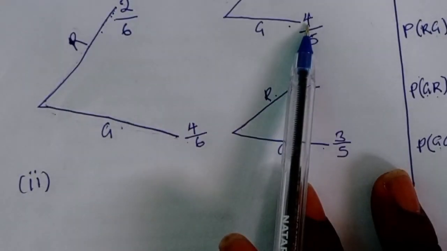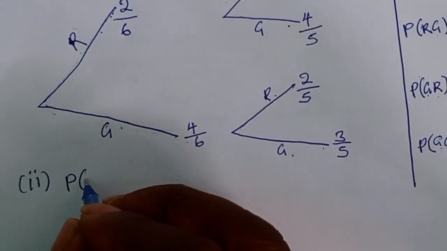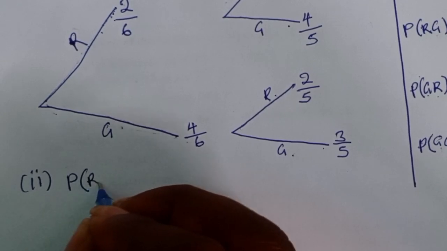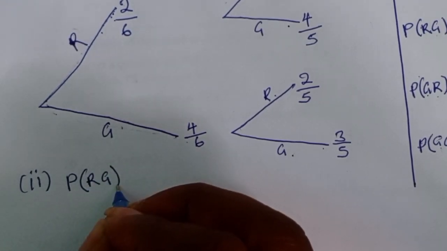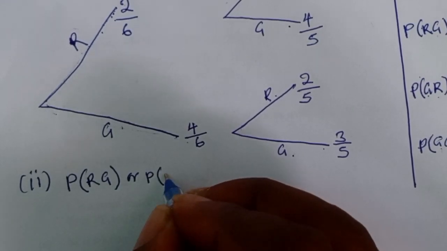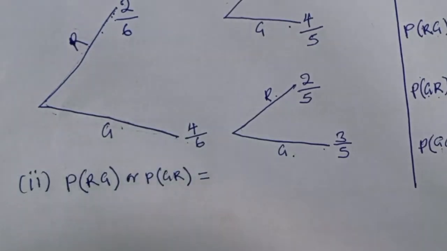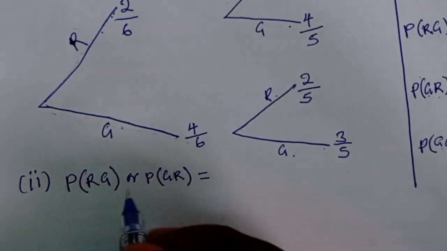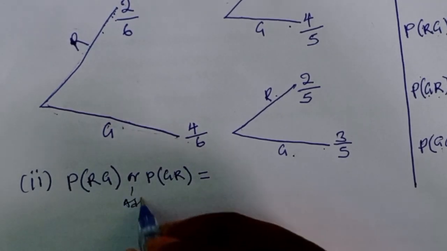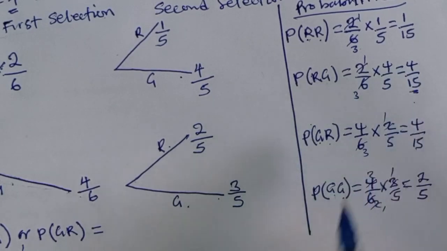So there we need to say probability of red, green, or probability of green, red is equal to, so I'll pick the two probabilities, or it means addition. So the probability of red, green is 4 over 15.